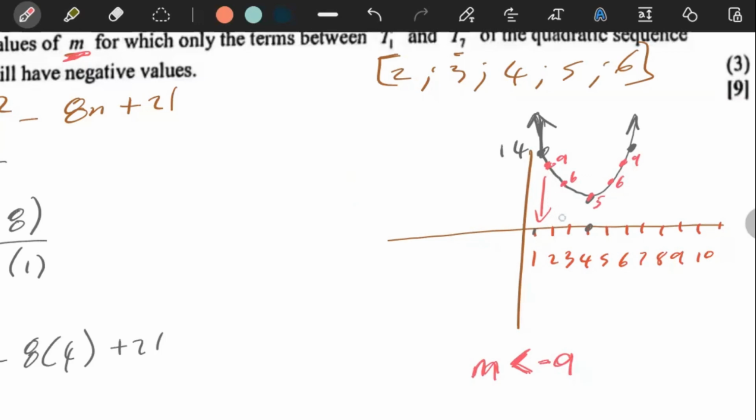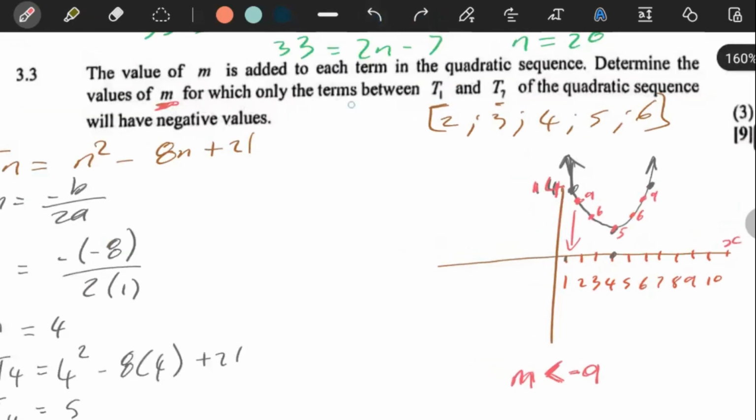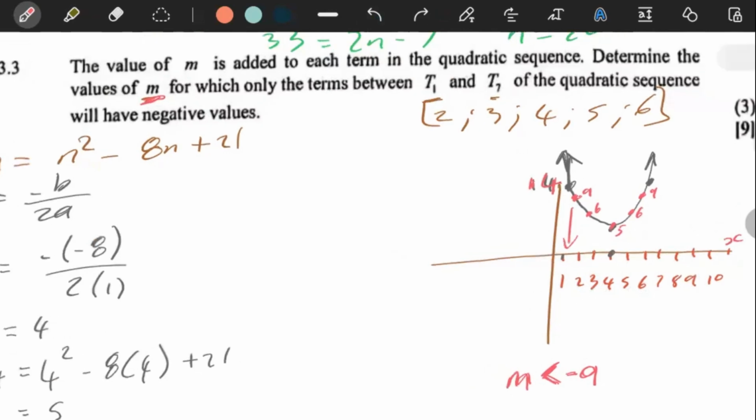And then obviously for them to be the only ones below the x-axis, right? We need to make sure that we don't take them any lower than 14 units, because the moment we move this image lower than 14 units, other terms like the 1 here and the 7 there will also be below 0. But the question is only saying only the terms between 1 and 7. So it's only 2, 3, 4, 5, and 6 that we have to consider.